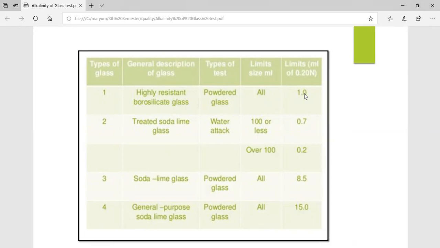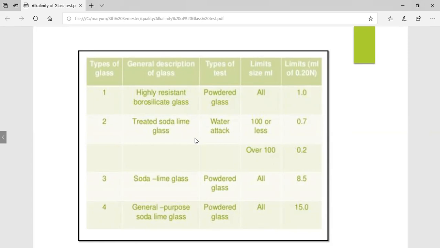This is something not stable, non-inert, and the process of leaching does occur here. So the limit of 0.02 normal H2SO4 is only 1 ml. If it exceeds 1, we say it is either soda lime, treated soda lime, or general purpose soda lime glass. It is not highly resistant borosilicate neutral glass.